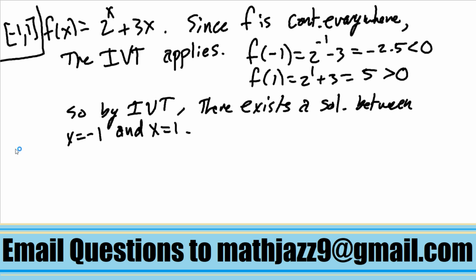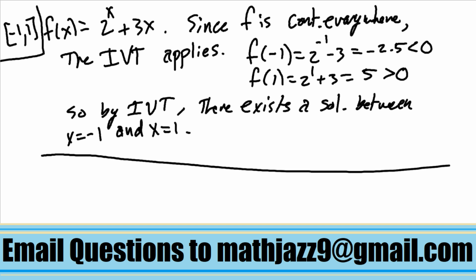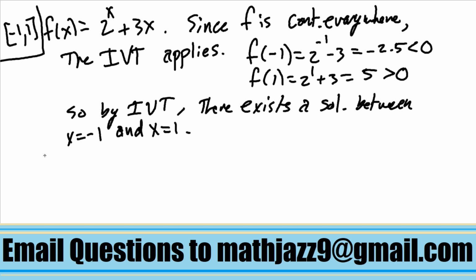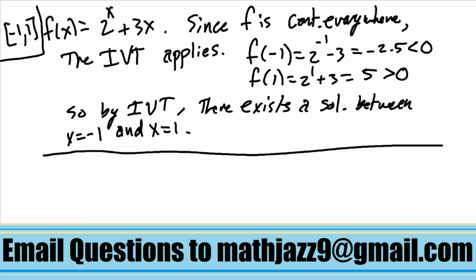Now we do the other part, which is to prove that there cannot be two. So we're going to do this as a proof by contradiction. We're going to assume that there are two roots and show that that leads to bad things happening. So suppose A, B are roots of f.